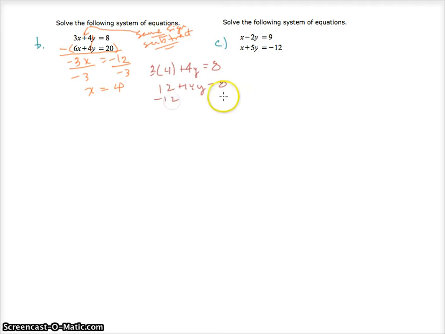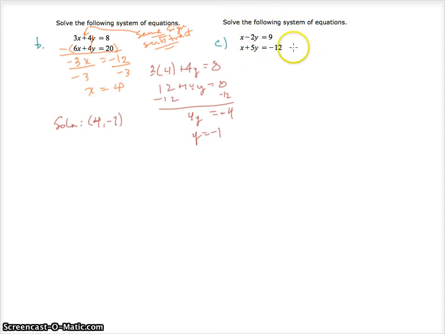Subtract 12. 4y equals negative 4. y equals negative 1. So my solution is 4, negative 1.